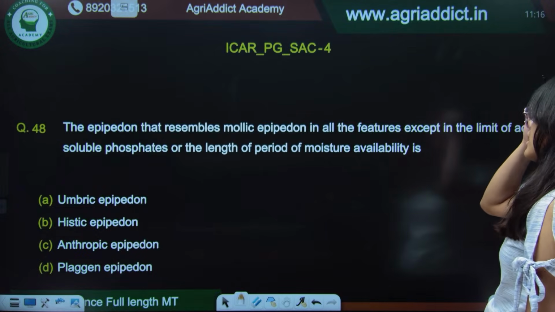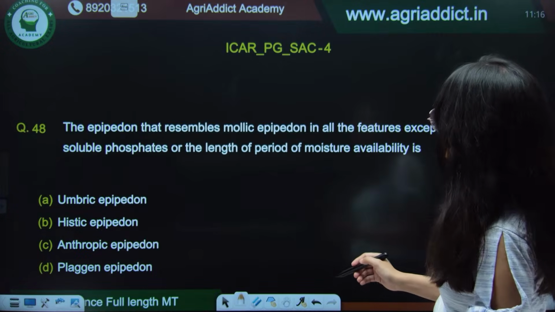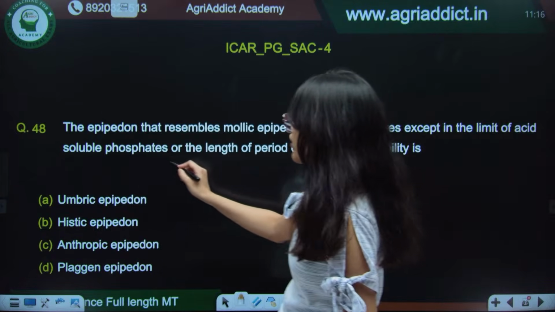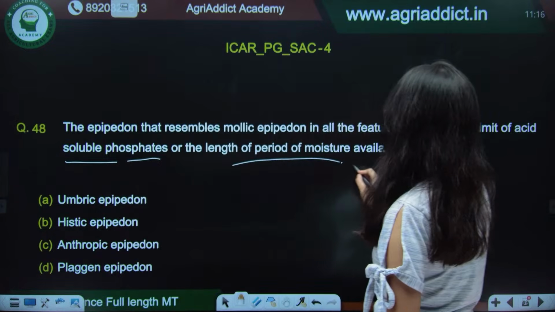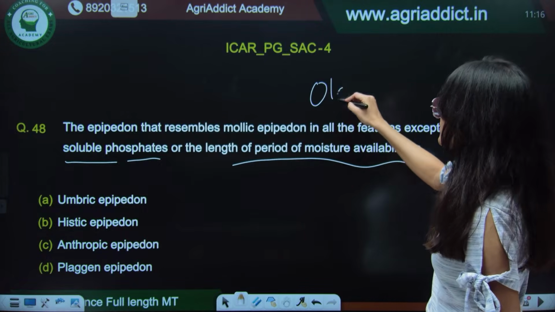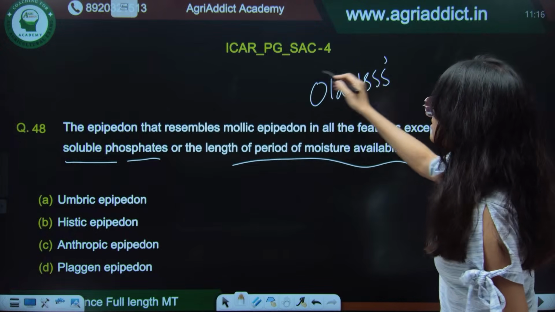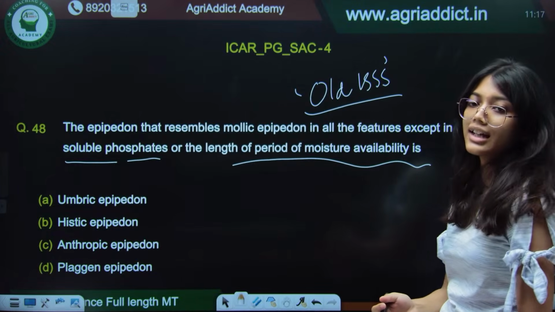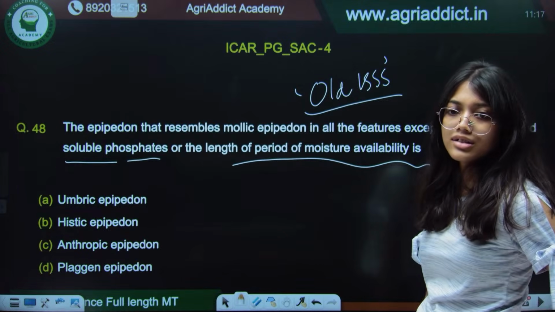Next, the epipedon that resembles mollic epipedon in all the features except in the limit of acid soluble phosphates or the length of period of moisture availability is. So, this is again taken directly from your old IEEES. Please comment. Acid soluble phosphates it is saying. Okay, acid soluble phosphates.